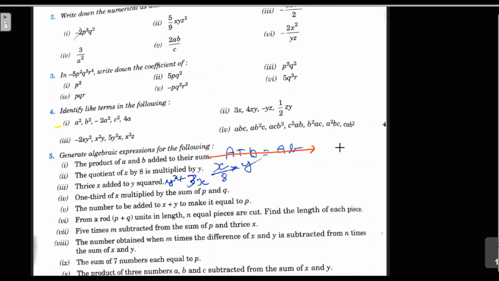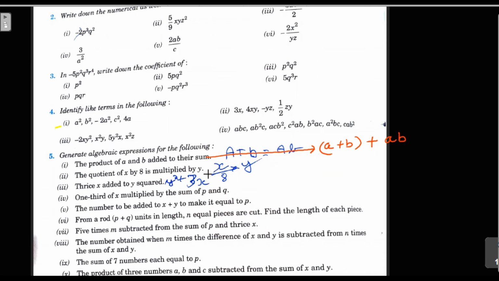First we will write the product of A and B added to their sum. The sum of A and B would be A plus B, right, this is their sum. It is added to their product, the product being their multiplication, A into B.